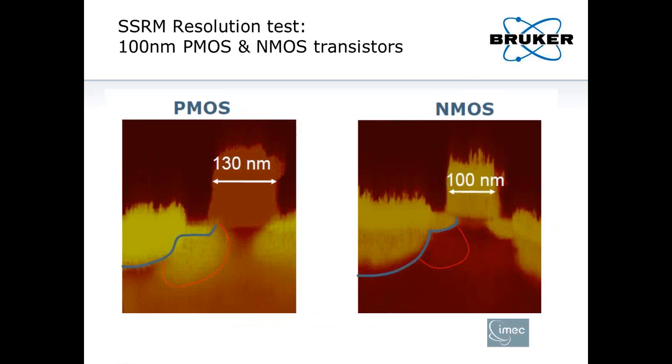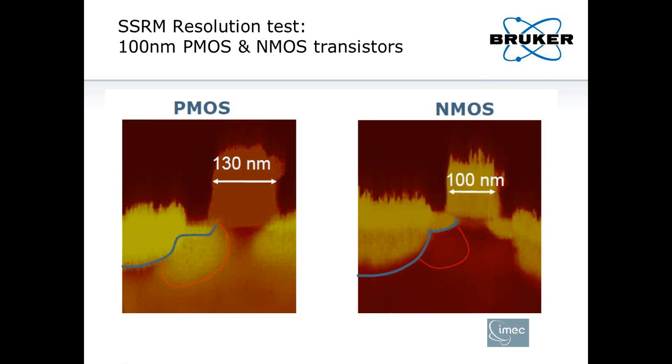And here it shows you what kind of resolution you can get. Actually, it can be better than this. And here it shows you a PMOS NMOS transistor. And you can see where the channel gate is and where the source and drain is. So it's quite a useful, powerful technique for semiconductor applications.